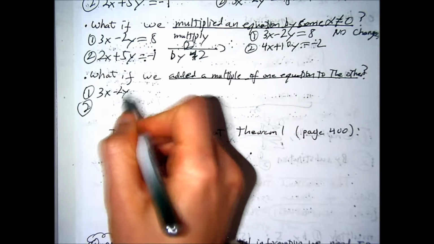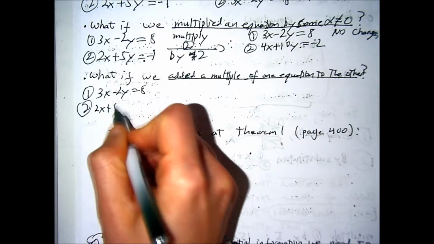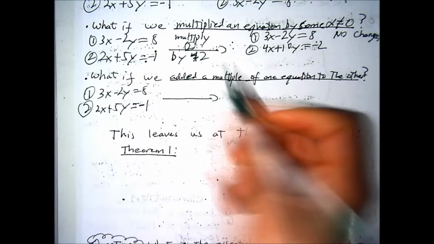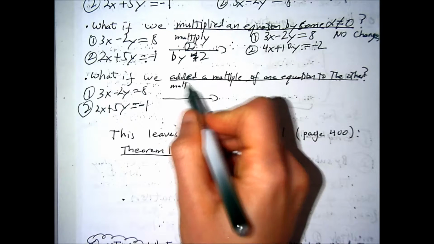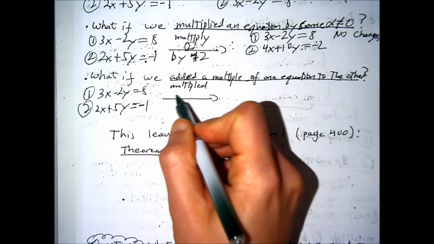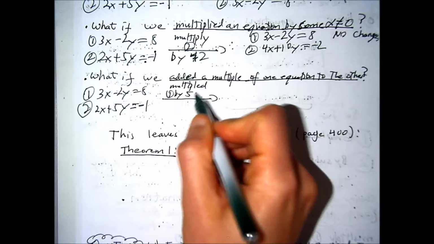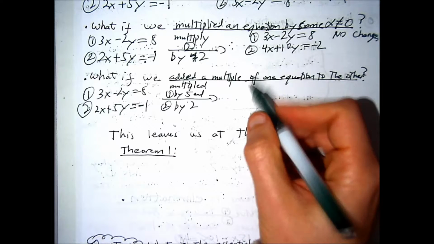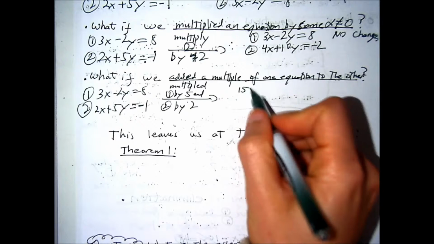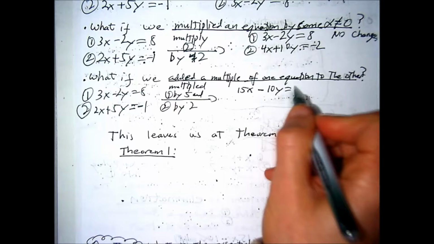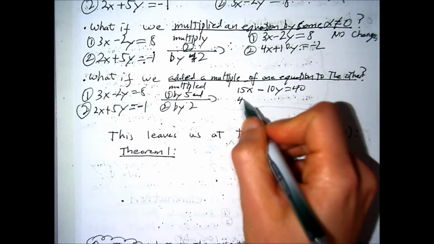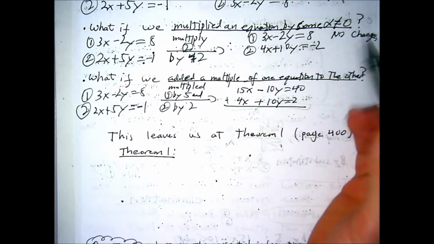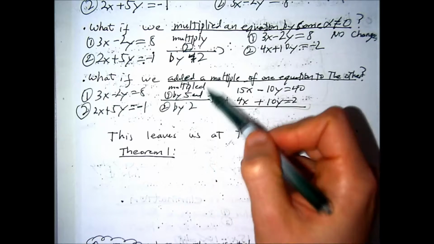Again, 3x minus 2y equals 8, and 2x plus 5y equals negative 1. And I did it to both. I multiplied 1 by 5 and 2 by 2. And I got 15x minus 10y equals 40, and 4x plus 10y equals negative 2. And then I added them together.